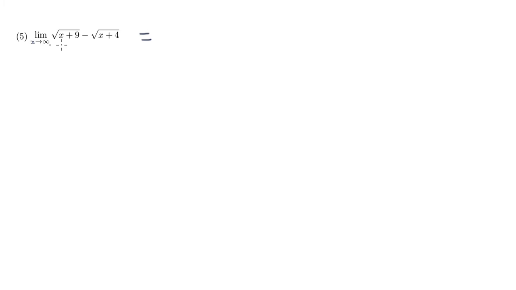So if I look at this first factor, square root of x plus 9, it looks like that's going to infinity as x goes to infinity. And then I'm subtracting this factor of square root of x plus 4 that's also going to infinity as x goes to infinity. So I'm getting infinity minus infinity.